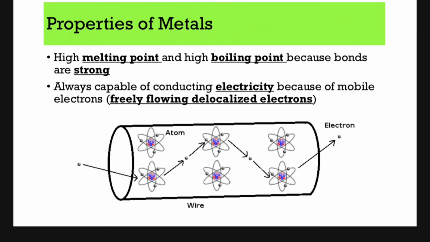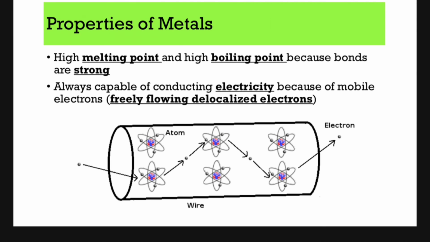The bonds are really strong. Those little floating electrons everywhere, they cause a very strong bond in the metal. So if you're trying to melt it, you need a lot of energy in order to break those bonds. Okay? And they are capable of conducting electricity, as you know, right?